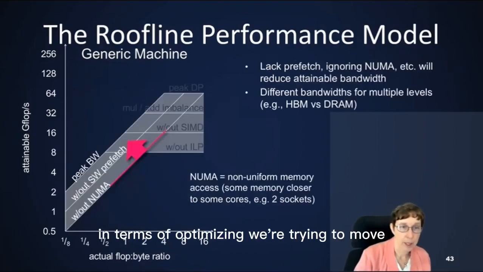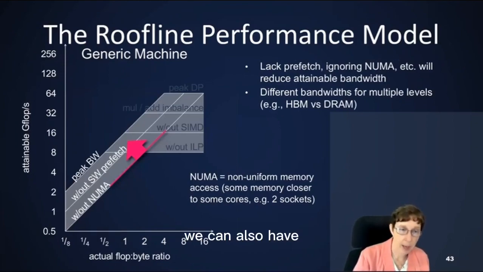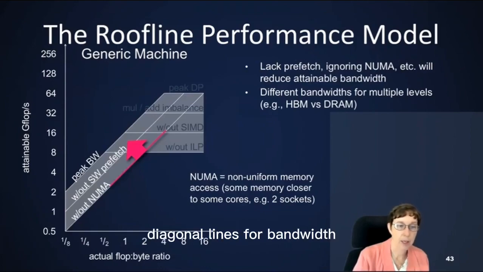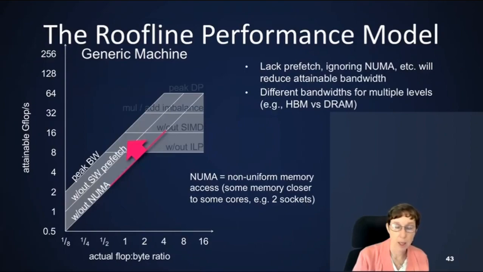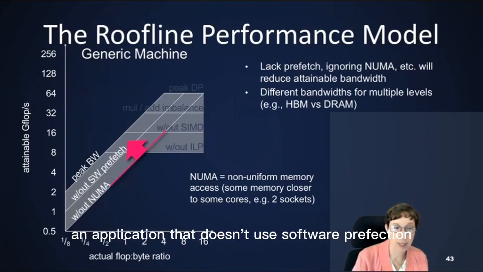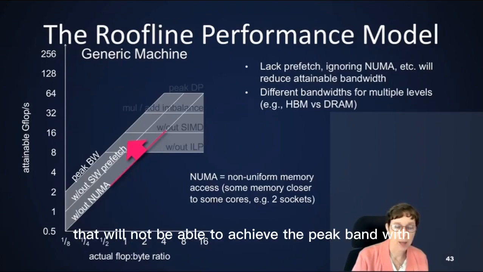So in general, in terms of optimizing, we can also have multiple diagonal lines for bandwidth, just as we had multiple flat lines for the arithmetic performance. For example, an application that doesn't use software prefetching will not be able to achieve the peak bandwidth.